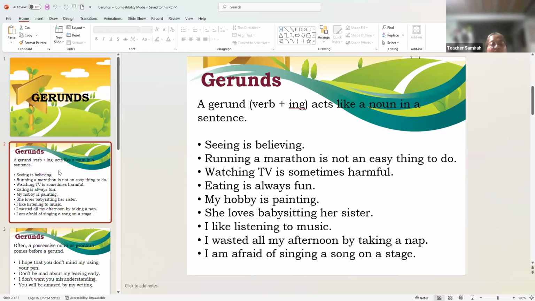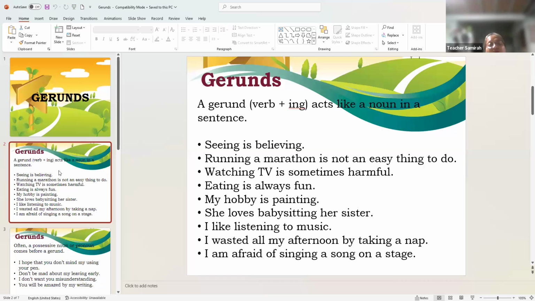Eating is always fun. If you look at the sentences, you can see that a gerund is always accompanied by a verb, such as the verb to be is.